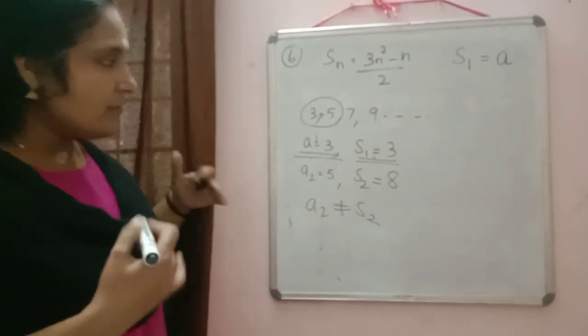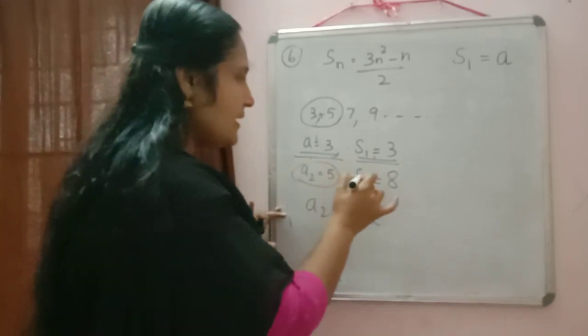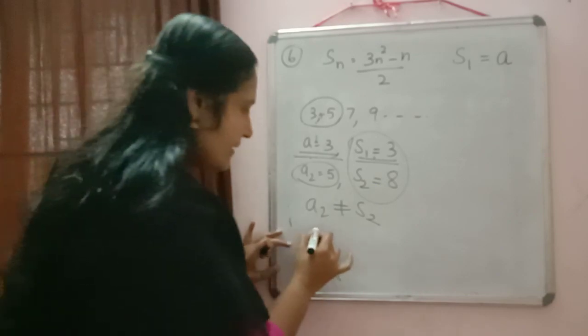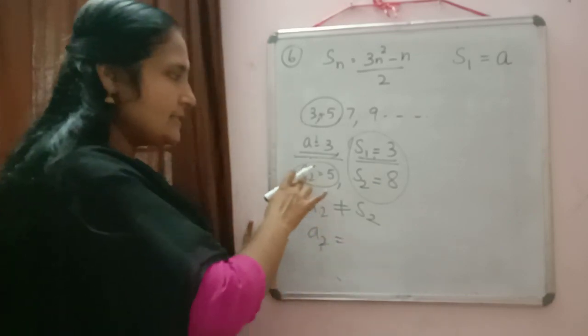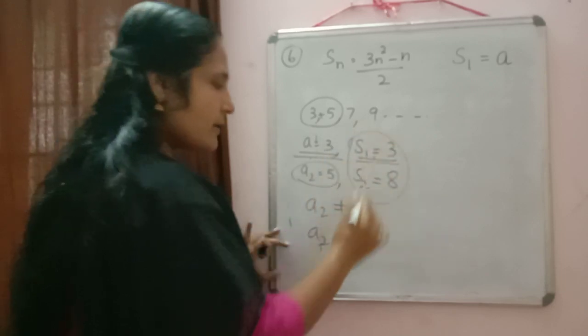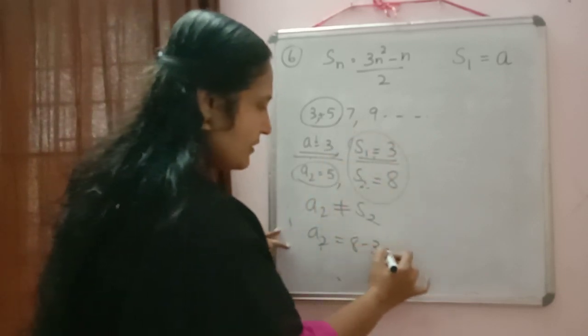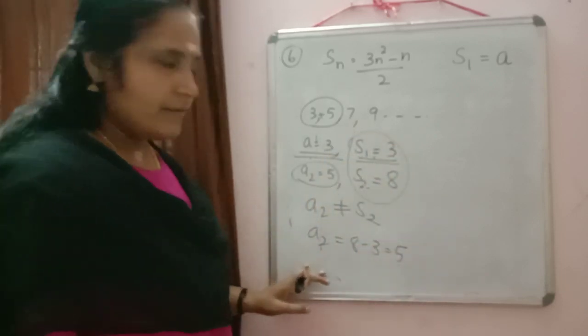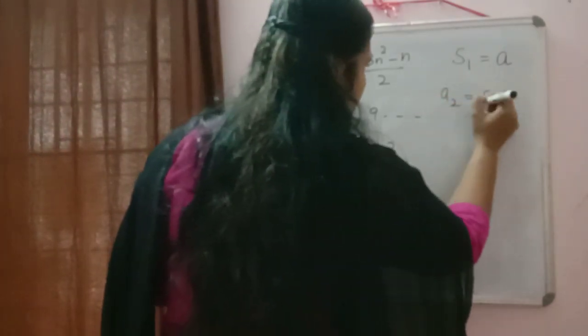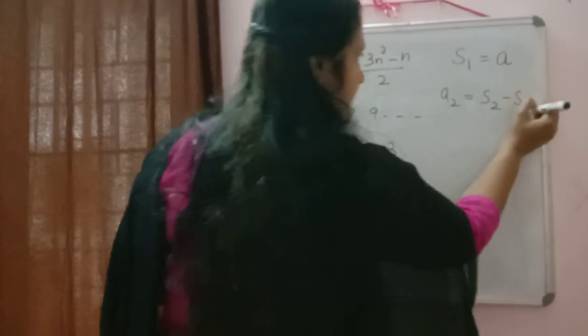Now we will check how we get the second term using these two. A2 is equal to, second term is 5, so S2 minus S1, 8 minus 3 is equal to 5. So A2 is equal to S2 minus S1.